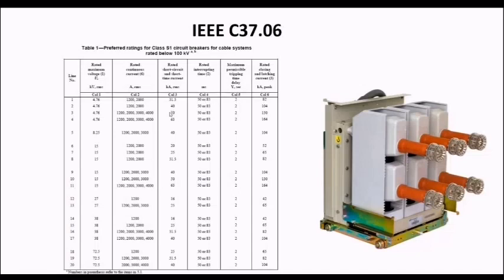Or you can take another example for 13.8 kilovolt, which is the 15 kilovolt class here, giving a range from 1000 or 1200 amp up to 4000 amp, and short circuit ratings from 20 kilo amp to 63 kilo amp. For example, if you select 3000 amp, we have short circuit ratings of 40 kilo amp, 50 kilo amp, and 63 kilo amp, but I cannot find 31.5, 25 or 20 kilo amp.